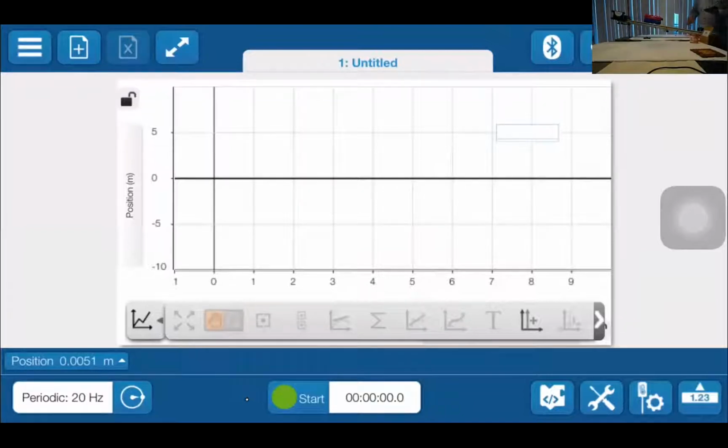So I'm going to start the oscillating motion while at the same time start the app to record all the data and the graph.